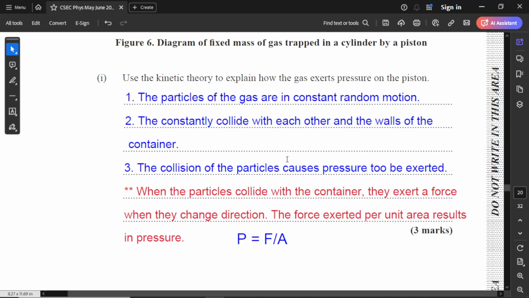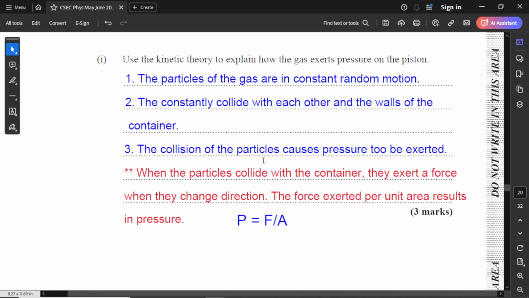The collision of the particles causes pressure to be exerted. When the particles collide with the container, they exert a force when they change direction. The force exerted per unit area results in pressure. So pressure is equal to force over area, just to make mention of that. These points are the outline of how the gas actually exerts the pressure onto the piston.